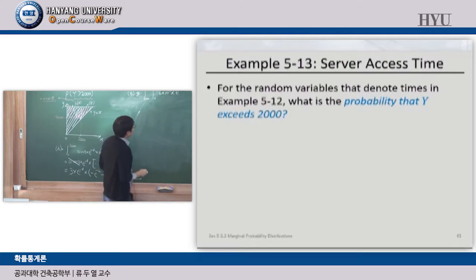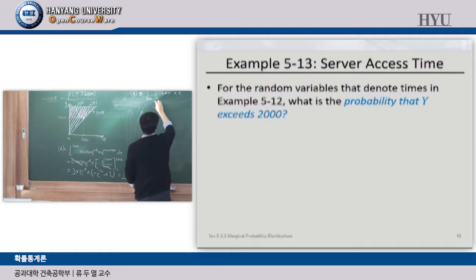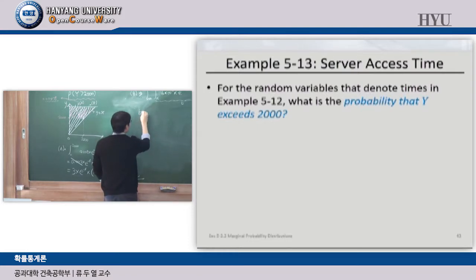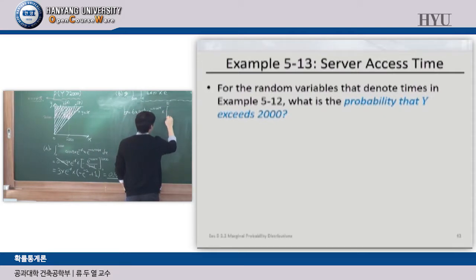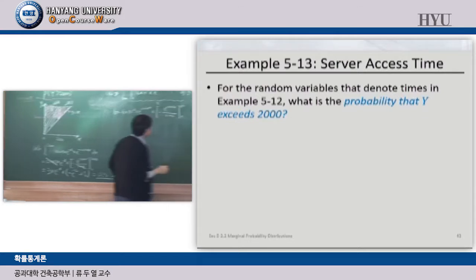Okay? So, we need to calculate this equation. Here, we are going to calculate this part first. We can say this is the small b, and small b is equal to 6 times 10 to the power of minus 6, times exponential of minus 0.001x, times minus exponential of minus 0.002y over 0.002, from x to infinity.